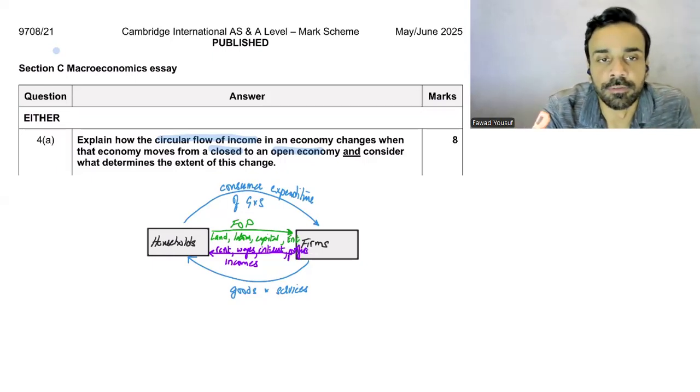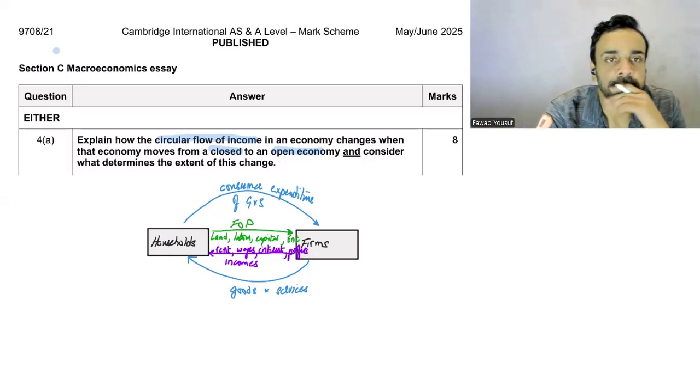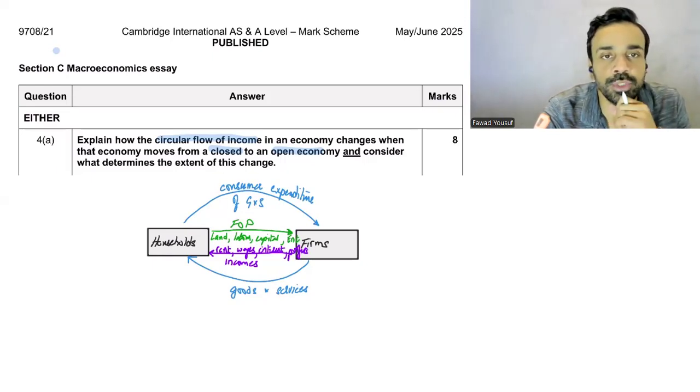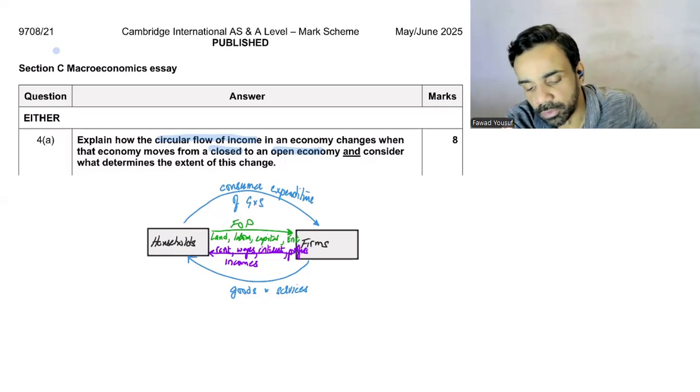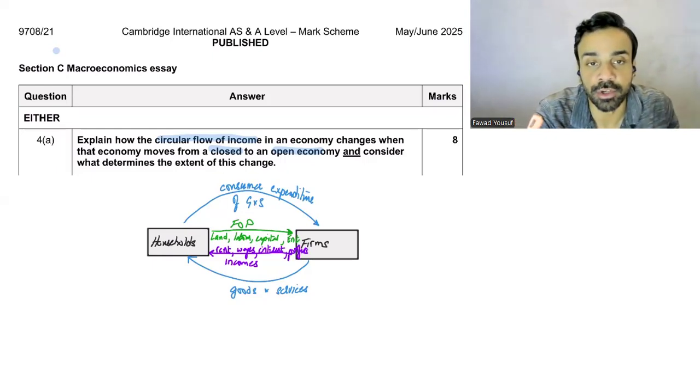This is your circular flow of income. But then I also have trouble over here. This is just a circular flow of a two sector economy. When they've mentioned closed, that means we have to talk about the withdrawals and the injections.